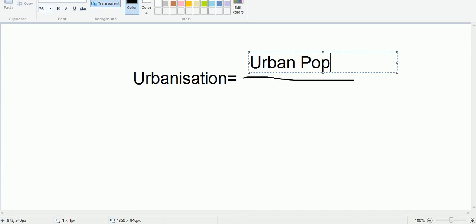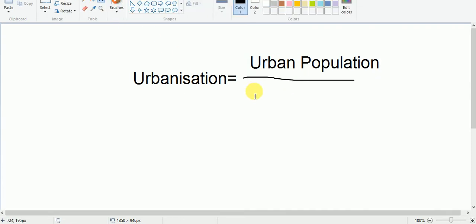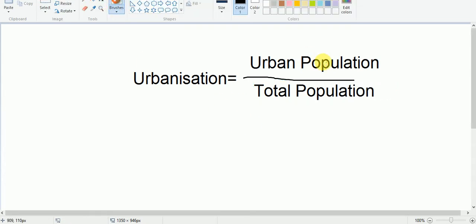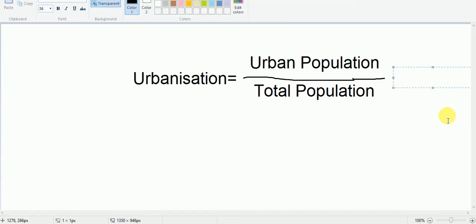Urban population divided by total population, then multiplied by 100.